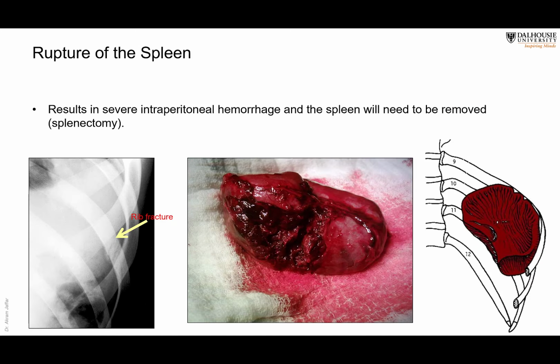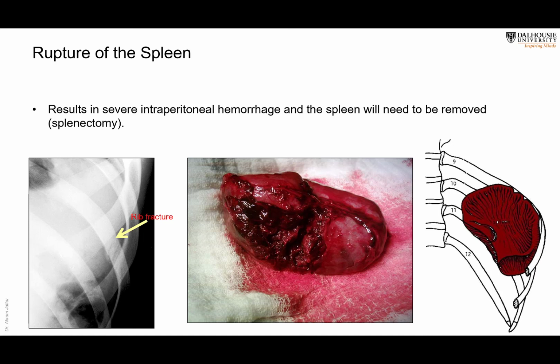Here you can see that the spleen is closely related to the lower ribs, so fractures of the lower ribs on the left side might result in injury or rupture of the spleen. It's so fragile. Sometimes it's an indirect trauma, for example a car accident and a hit on the abdomen by the steering wheel will cause rupture of the spleen, and because of its profuse blood supply, it will cause very dangerous internal bleeding.